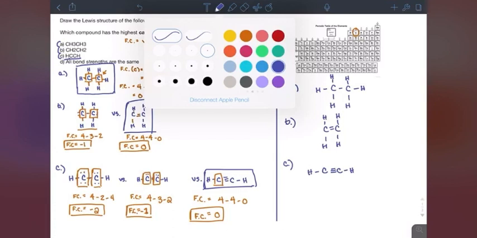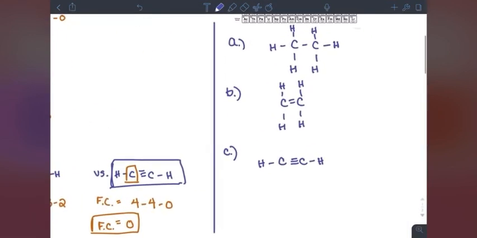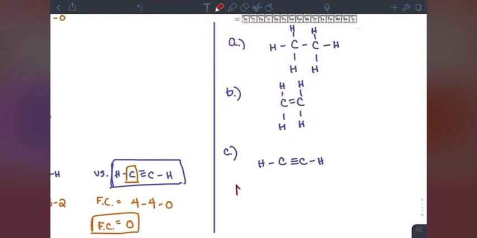As some of you may know from lecture, the higher the bonds between carbons, the higher the bond strength.